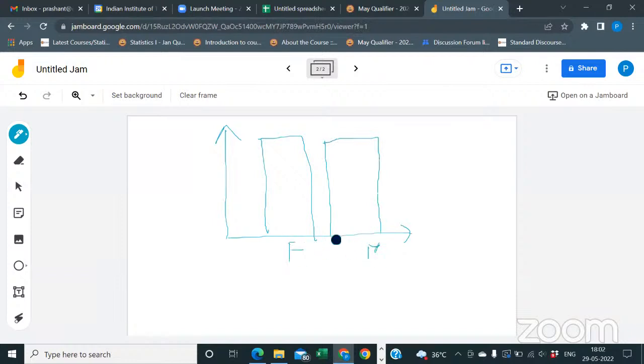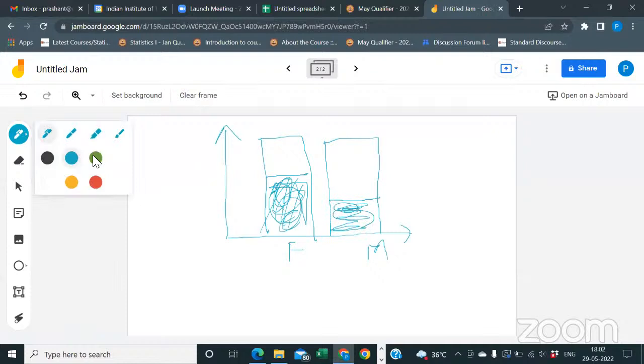Now, if you see this one, suppose the blue region is non-ownership for both, and the green region is the proportion of ownership.